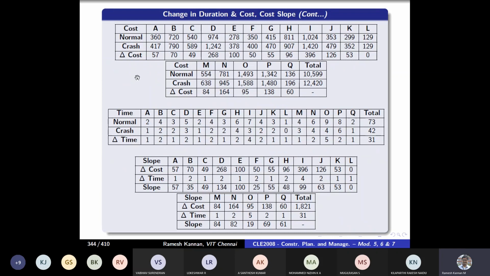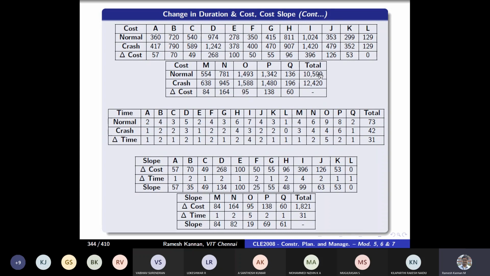And here is the typical calculation for each activity, A to Q. The normal cost is given from the table and the crash cost is given. So we find the absolute difference. It is not 360 minus 417, but the absolute difference for all the activities. Finally, the total normal cost is 10,599 and the total crash cost is 2,420. This is a very typical example.